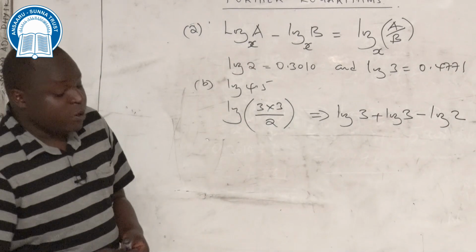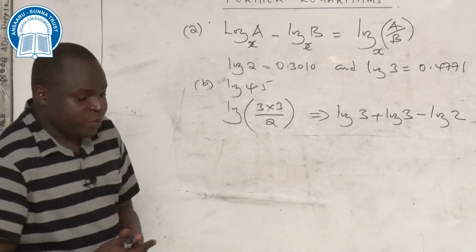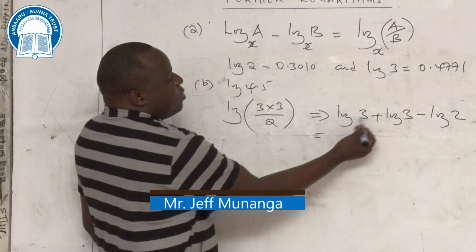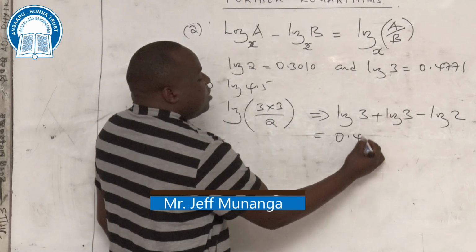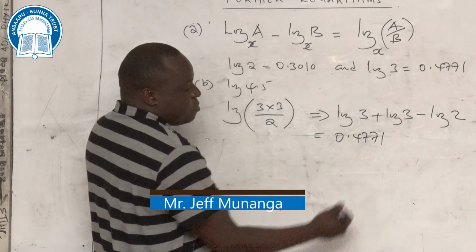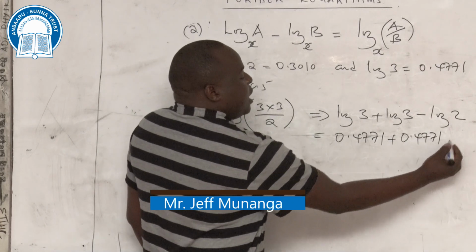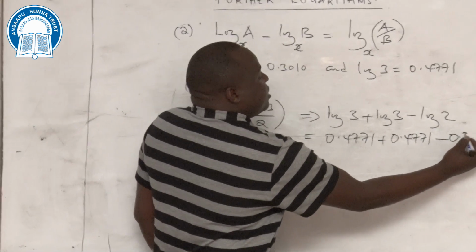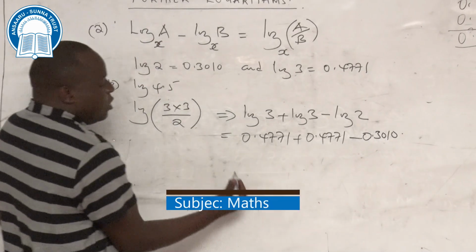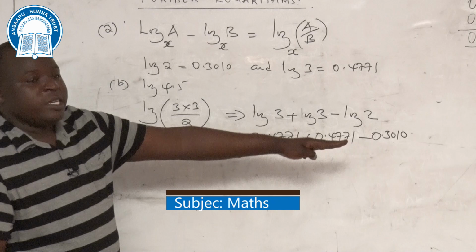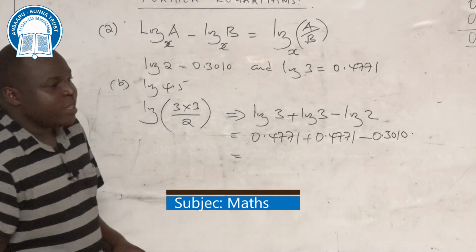Okay, replace the values. Log 3 is the same as 0.4771 plus 0.4771, then minus 0.3010, which equals, I think you can work this out to get the final answer.